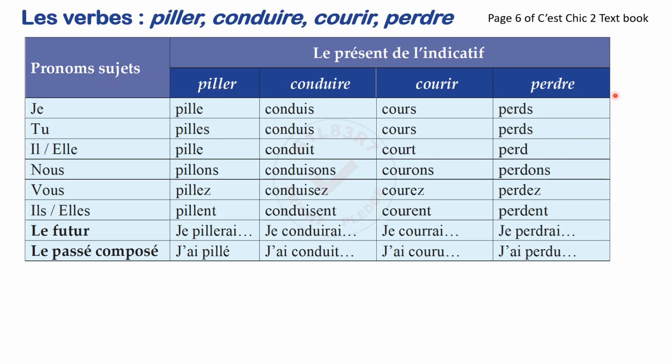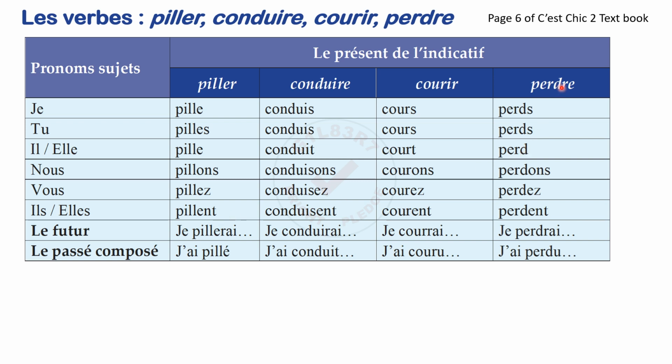If you look closely at the verb piller, to loot, it has the similar ER endings. It follows the regular ER endings. So you cut the ER and you add E, ES, E, ONS, EZ, ENT.